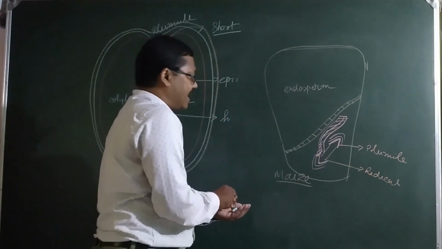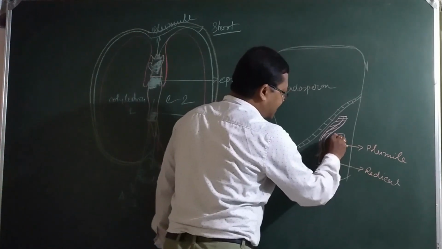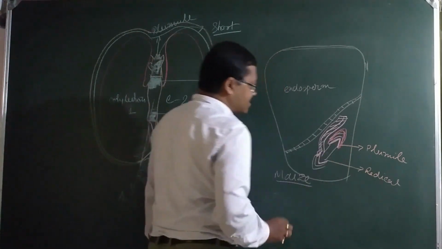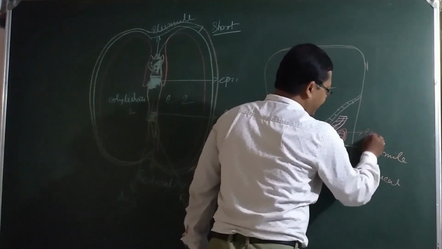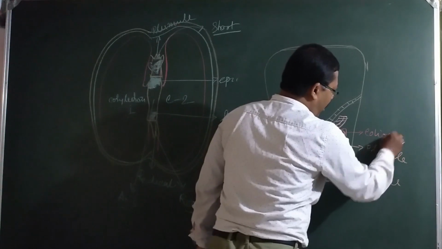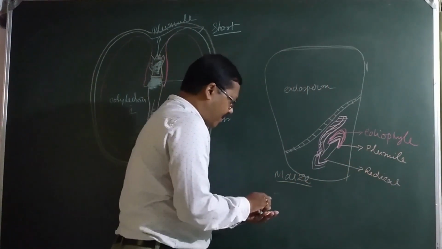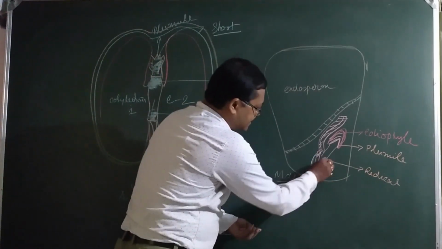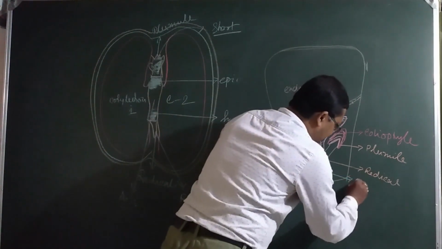The plumule and radicle are both covered by special protective structures. This is called the coleoptile, and the lower part is also covered by another covering, called the coleorhiza.